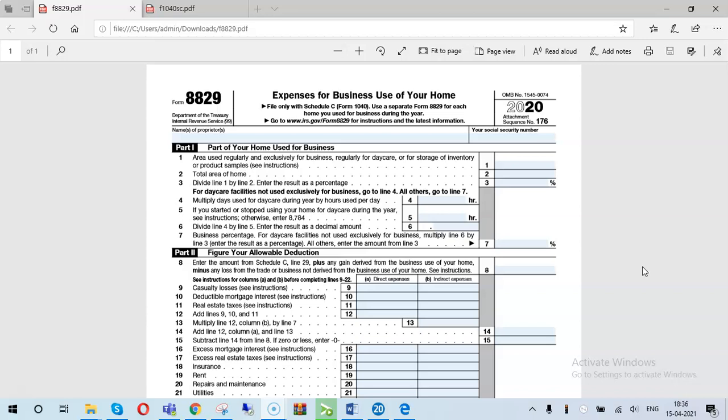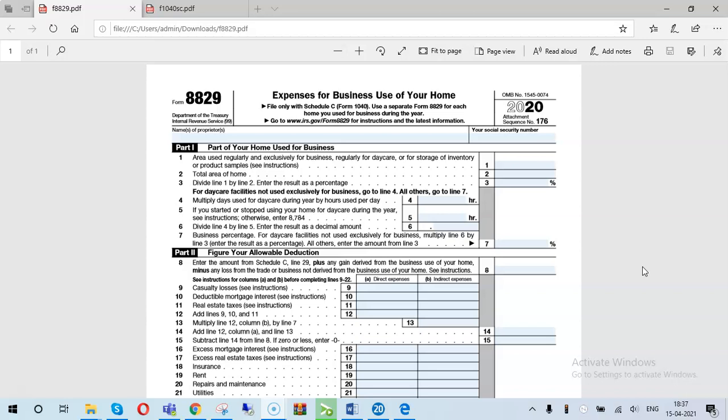If you had more than one home during the tax year that you used for business, you can use the simplified method for only one home. Use Form 8829 to claim expenses for business use of the other home. For more information about the simplified method, see the instructions for Schedule C and Publication 587.